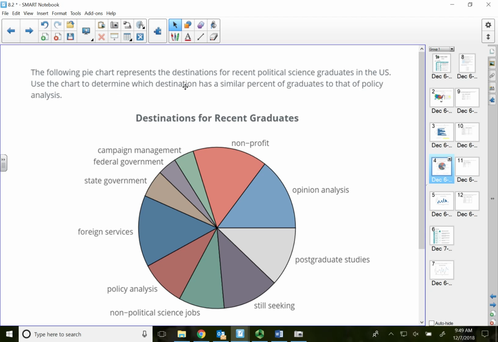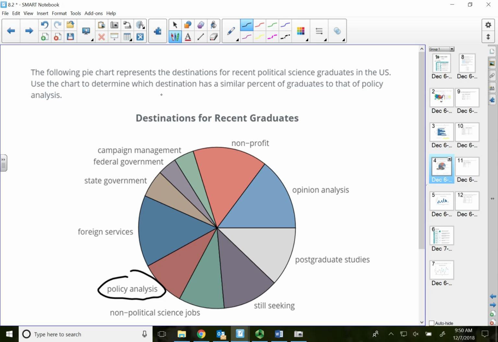Use the pie chart representing the destinations for recent political science graduates in the U.S. to determine which destination has a percentage similar to the graduates of policy analysis. Let's find policy analysis. It's right here.